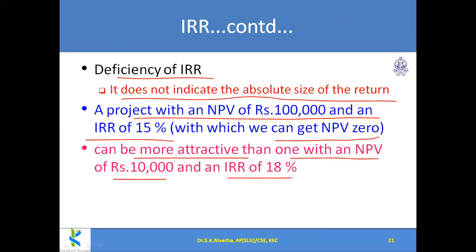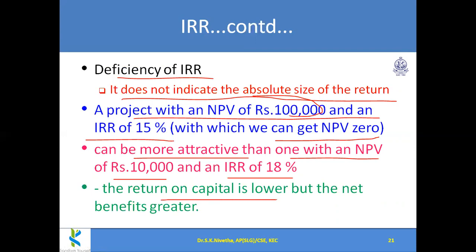So though we are saying 18% IRR, for a smaller value at 18% versus a higher value at 15%, we think the higher value at 15% is more beneficial than the lower value at a higher percentage. Okay, so in that perspective it should be considered, analyzed.